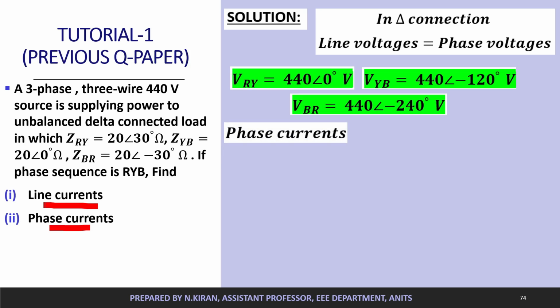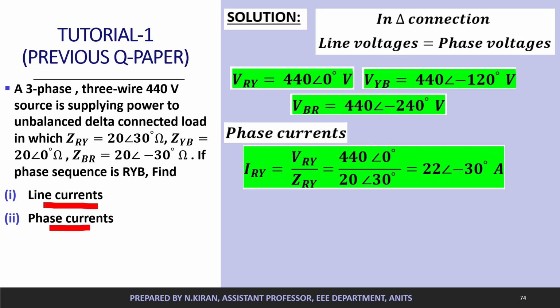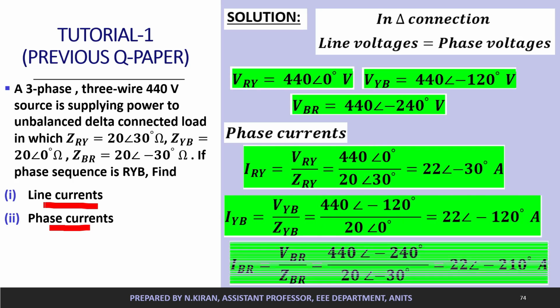Phase current I is equal to V by Z. I know phase voltage, I know phase impedance. So taking the ratio of these two will give me the phase currents IRY, IYB and IBR as well.